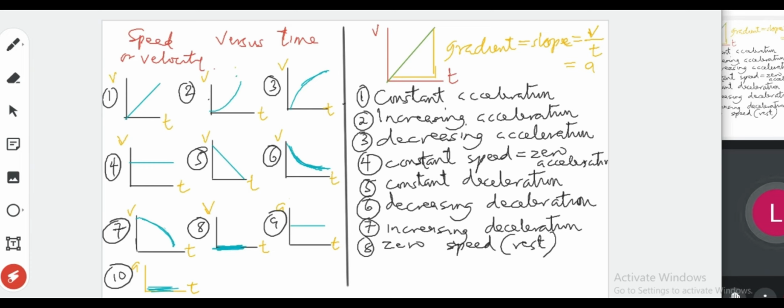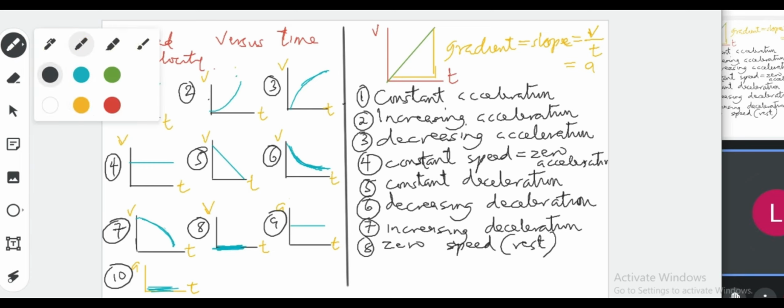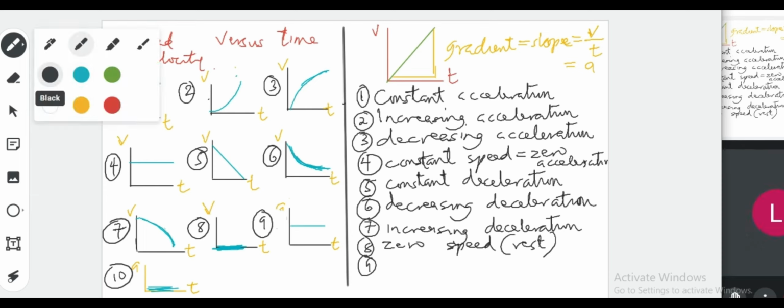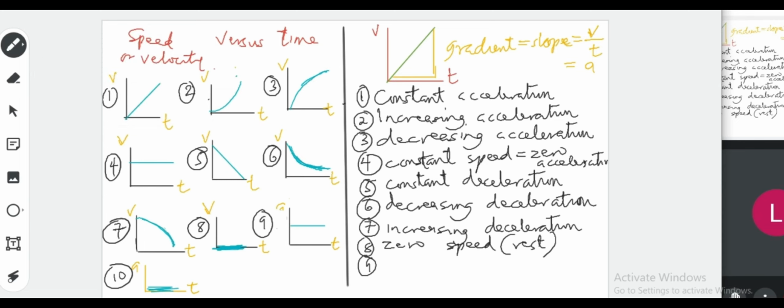Okay, number 9. You are doing well. Number 9, that's acceleration against time. So acceleration against time means constant acceleration.